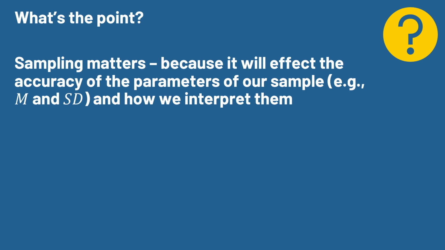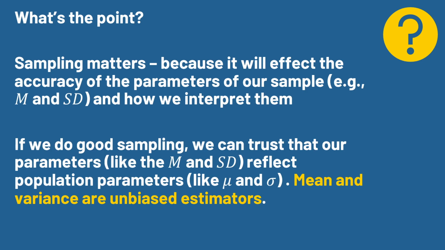So for example, our sample mean or sample standard deviation. And fortunately, as you'll learn in this video, if we do good sampling, we don't have issues on that end, then we can trust that our parameters reflect population parameters. Or on average, our parameters, like the sample mean and the sample variance, will reflect the population parameters.